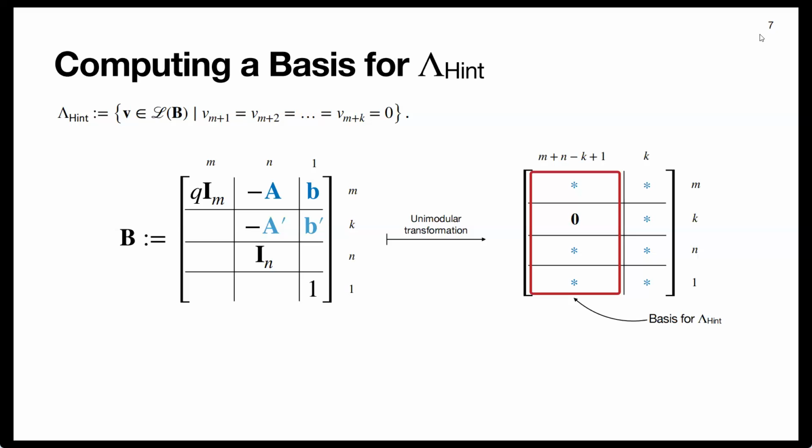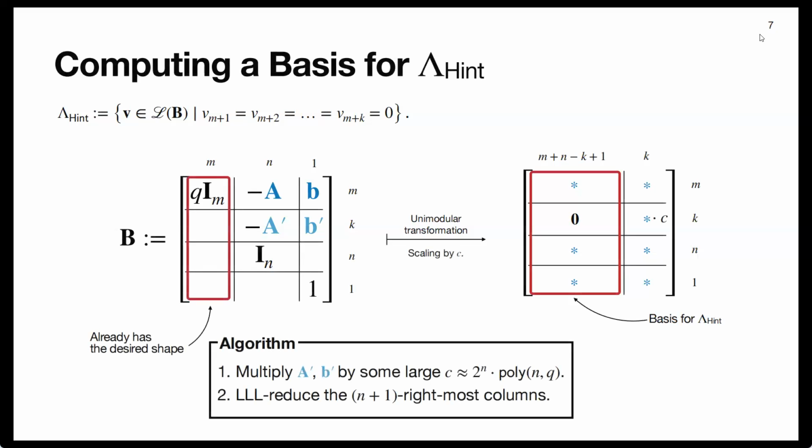If we were working over vector spaces, it would be very easy to transform this matrix into something that looks like this, right? We would just do some kind of Gaussian elimination. But since we are working over lattices, we unfortunately can't use Gaussian elimination, and so we have to do something more clever. And fortunately, there are very efficient tricks.